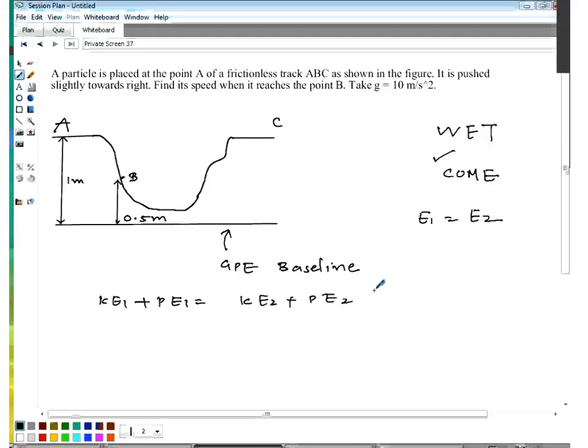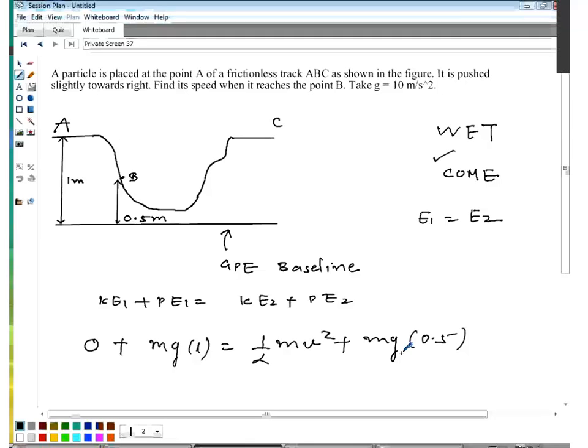So as far as earth is concerned, no change will be observed. It will be a game of particles placed at some point, means KE1 is 0, mg1, half mv square, mg 0.5.